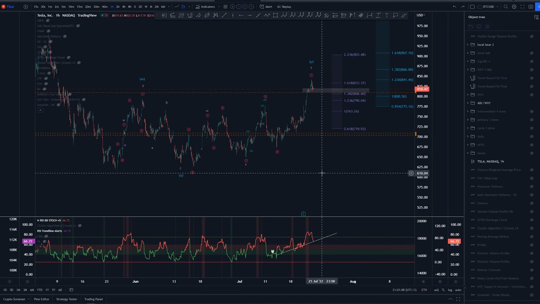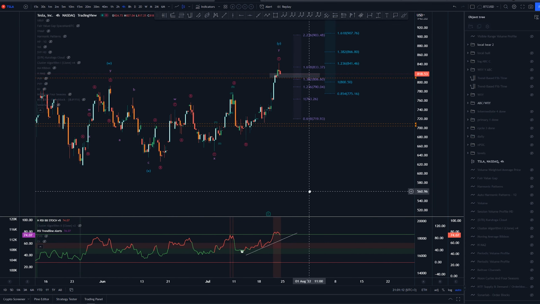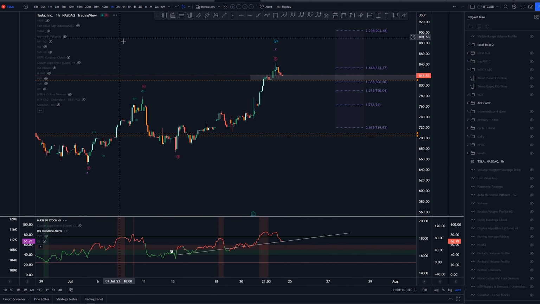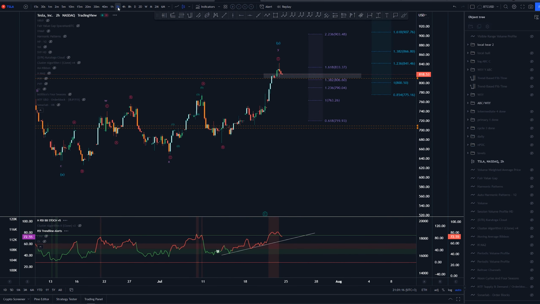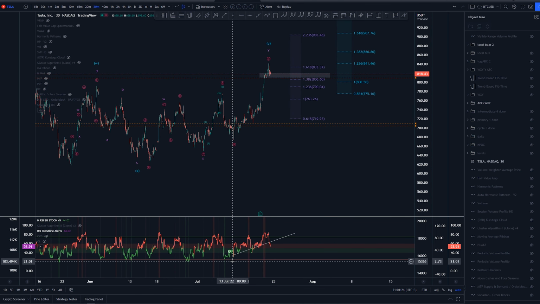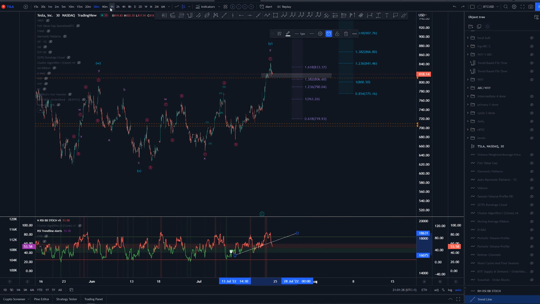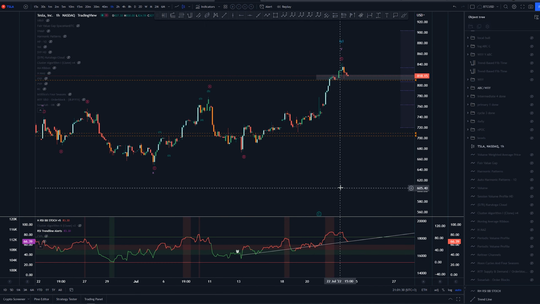Of course, on RSI, we would be looking for a break of, what time frame did I have it here? Probably maybe 2 hours. Nope, does not look like it was 2 hours, maybe 30 minutes. Not really. Doesn't really look like it. 1 hour?